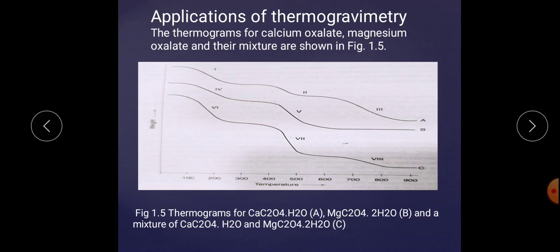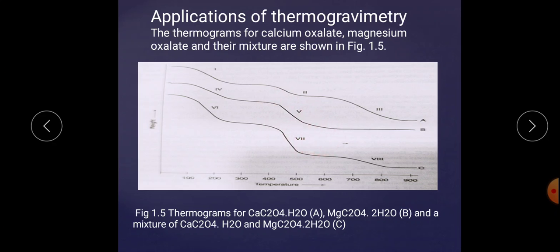Now when you heat further from 400 to 500 degrees Celsius, the second weight loss takes place. It is because of the loss of carbon monoxide as well as carbon dioxide, meaning the anhydrous magnesium oxalate gets further converted into magnesium oxide with a loss of CO and CO2 simultaneously.